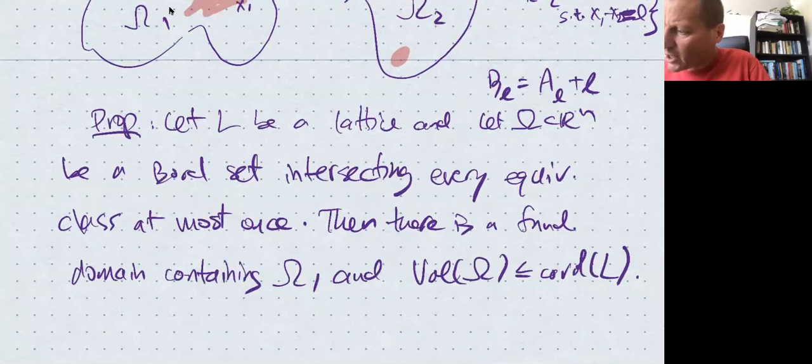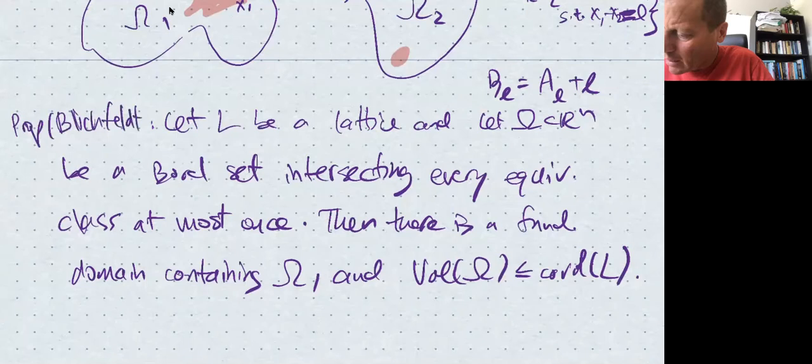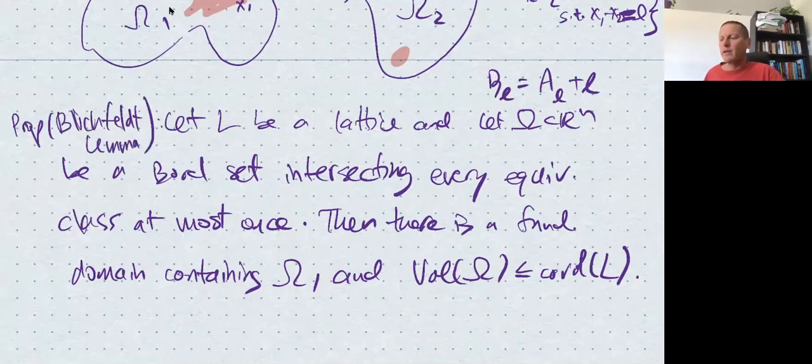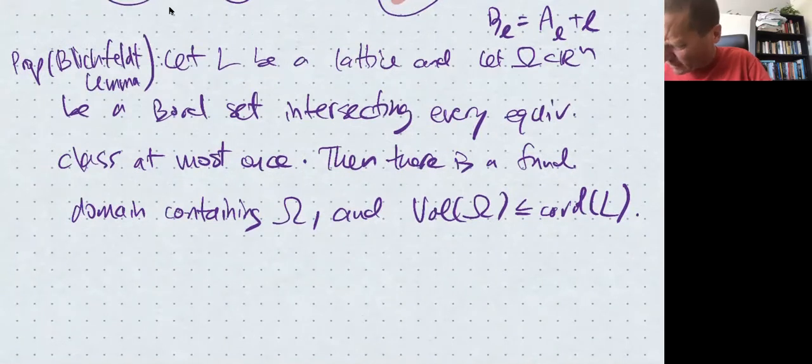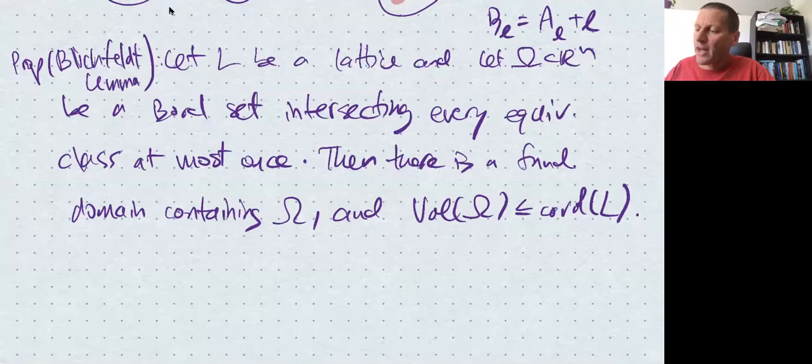Okay, this proposition, let me add, is sometimes called Lichtman's lemma. Another way to say this, in the contrapositive, is if omega is a measurable set and its volume is bigger than the co-volume, then there have to be two different points in omega that are equivalent.